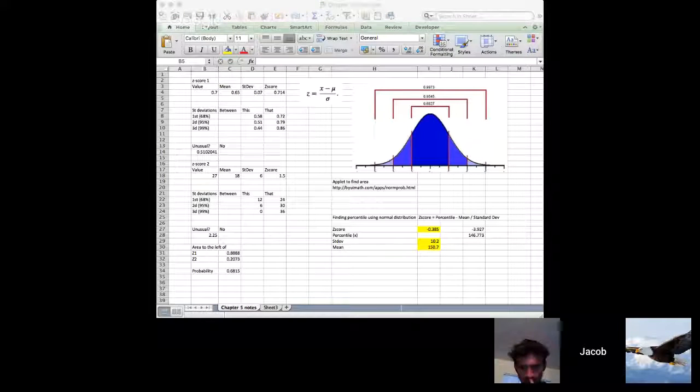I guess 15 and 14 are the same answer. Oh, okay. What proportion is more than 60 grams?